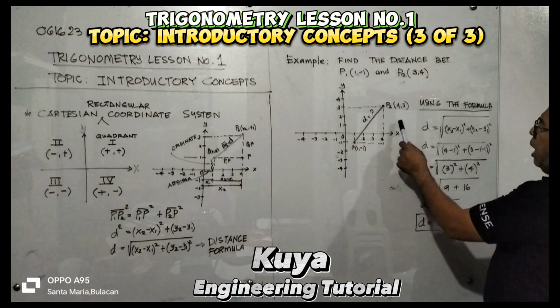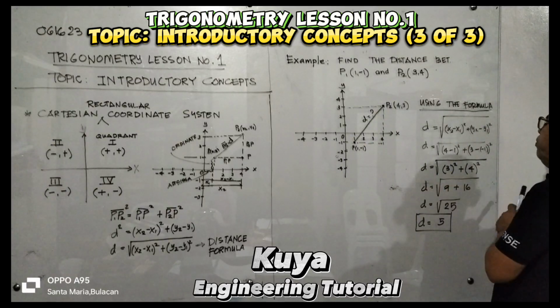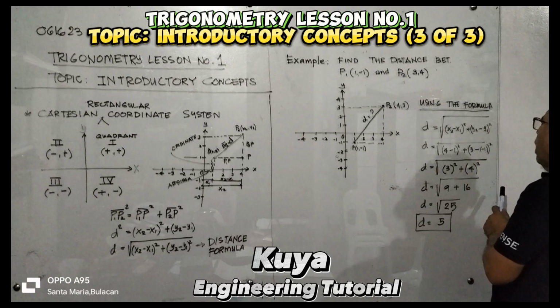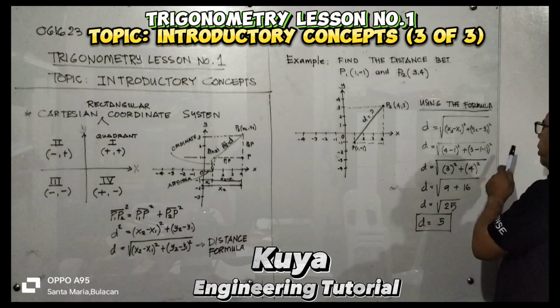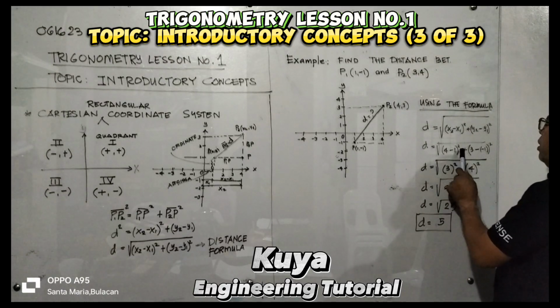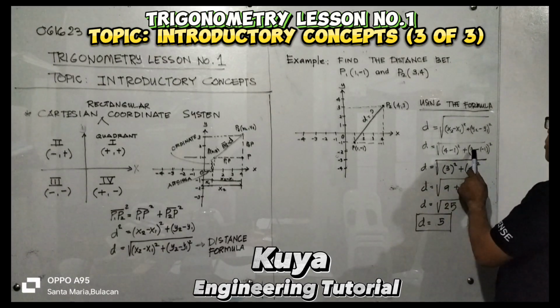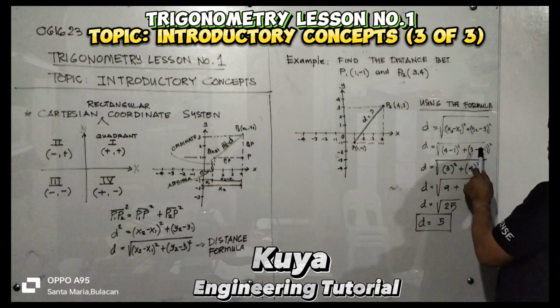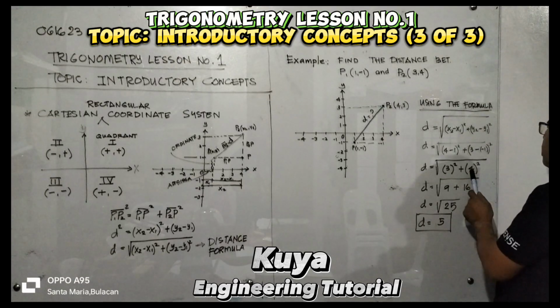Then applying the value, kasi nandyan na yung value, so 4 minus 1 square, tapos 3 minus 1 square. So therefore, 4 minus 1 is 3 square, then 3 minus 1, so dalawang minus maging positive, therefore it will give us 4.